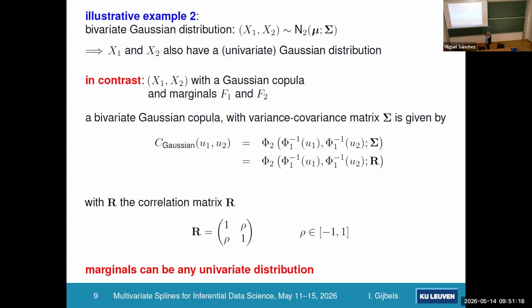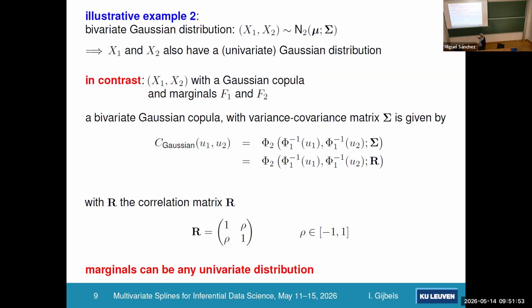So if we have X1, X2, a bivariate normal distribution with mean mu1, mu2, so vector mu, and you have a variance-covariance matrix, a 2x2 matrix, which gives you on the diagonal the variances and off diagonal the covariance between X1 and X2. Then we know, again, basic course in first year probability, I hope, that X1 and X2 are always univariate Gaussian or normal also, right?